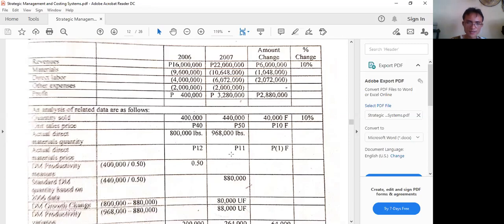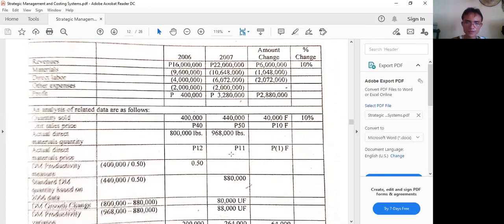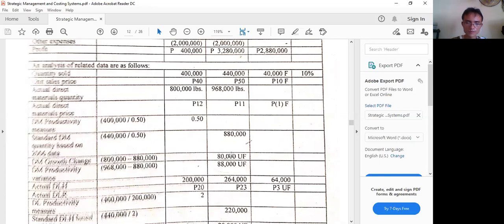So this means that the actual direct materials is more than the standard. In this case, going back, the direct material productivity is somehow different from the rest of the figure.